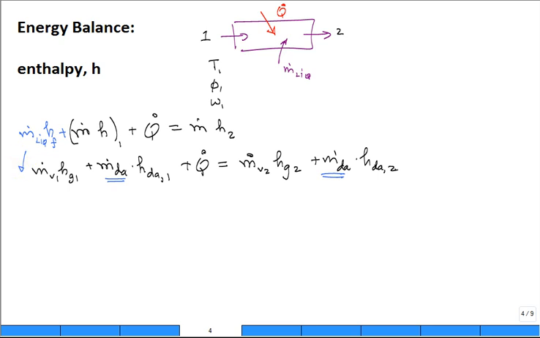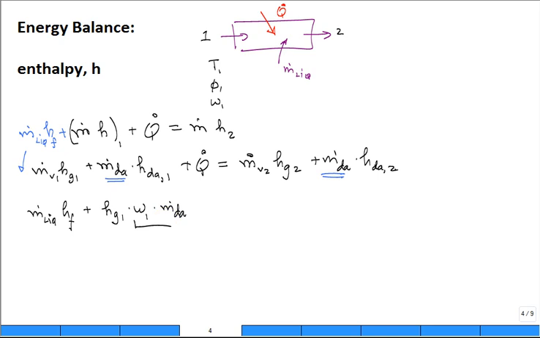All right. Well, if you divide through the equation, there's a couple of different ways to manipulate it, but if you want, you can have the mass flow rate of the liquid times the enthalpy of saturated liquid plus, I'm going to focus on this term, the enthalpy of the vapor coming in times the humidity ratio coming in times the mass flow rate of the dry air.